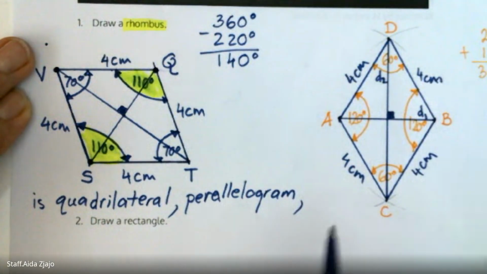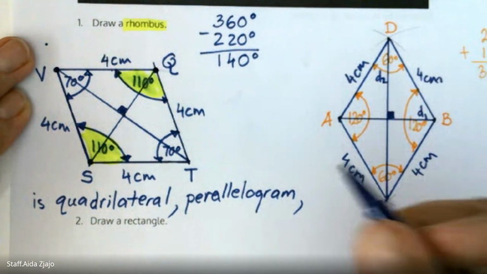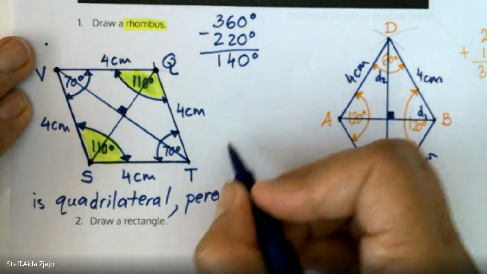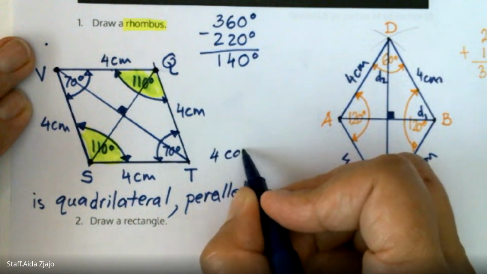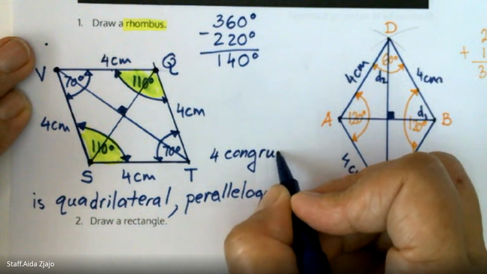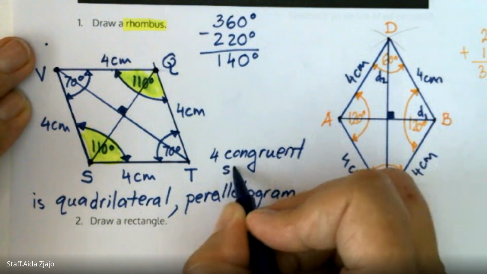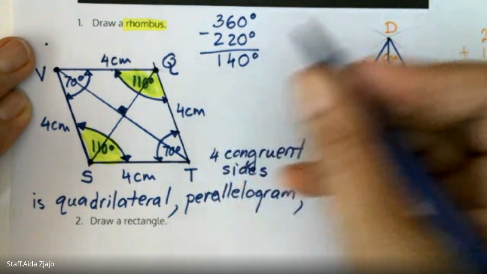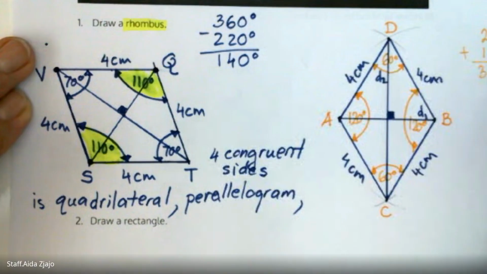It has four congruent sides and opposite angles congruent. I'm going to write it down.